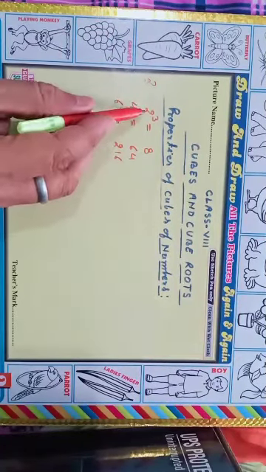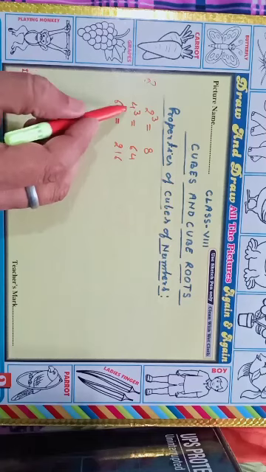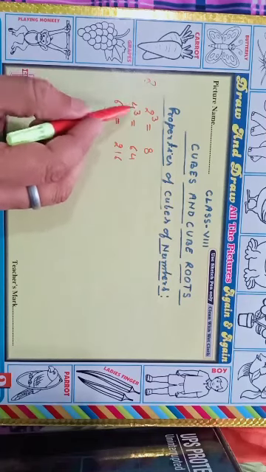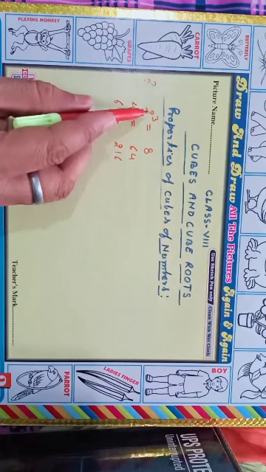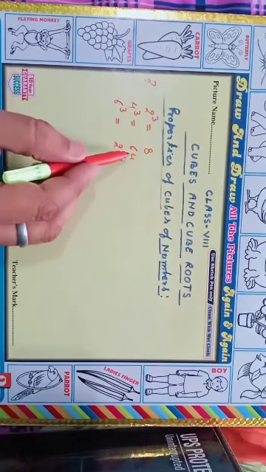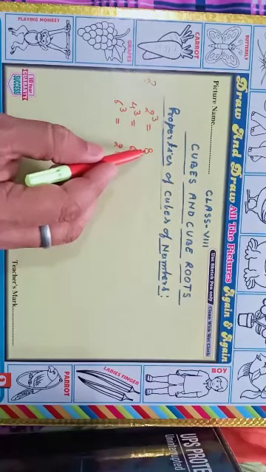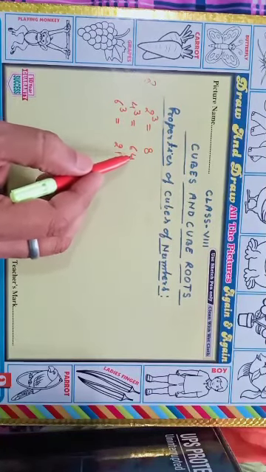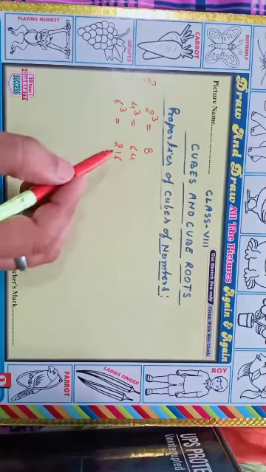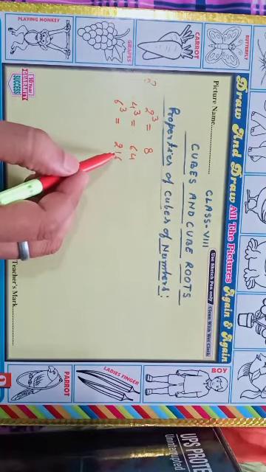Now here 2, 4, 6 are the multiples of 2 and their values are 8, 64, 216. Means 8 is divisible by 8, 64 is divisible by 8, 216 is divisible by 8.